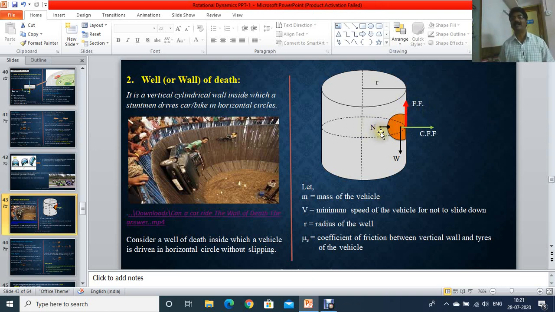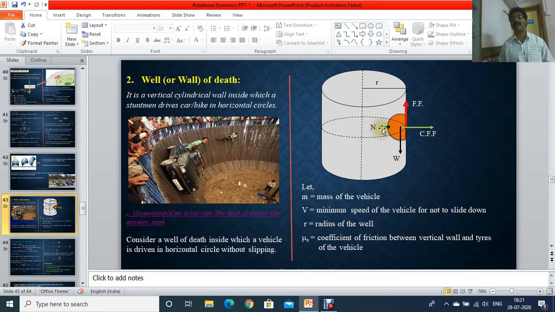And you can see here, normal reaction is towards the center of that circle. The force which is directed towards the center of the circle is nothing but centripetal force. So for this application, the centripetal force will be provided by normal reaction.